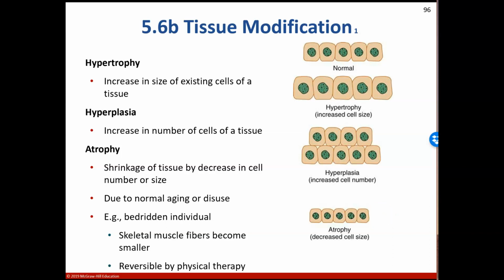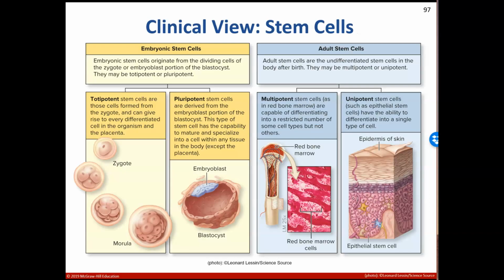And this could be due to normal aging or, like I mentioned, disuse of the actual cell. Examples would be being bedridden and the skeletal muscle fibers become smaller, though it is reversible using physical therapy and exercise.